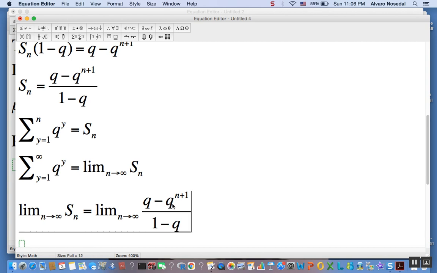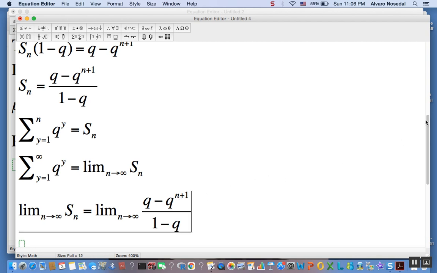Well, note that q and 1 minus q are not affected by n, right? So the only one that is going to be affected by n is this term here, q to the n plus 1 power.